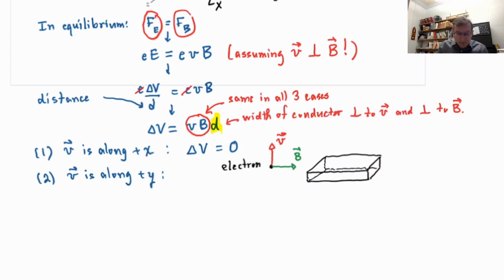First do V cross B. Which way is that direction? If there's the V and the B. Did you say, for right-hand rule, V cross B would be into the screen? So what's the direction of F magnetic? It's an electron, so out of the screen. So I'm going to denote that. I'll use this picture, that way.